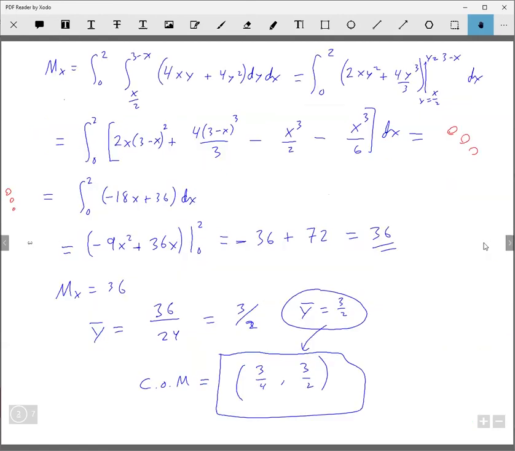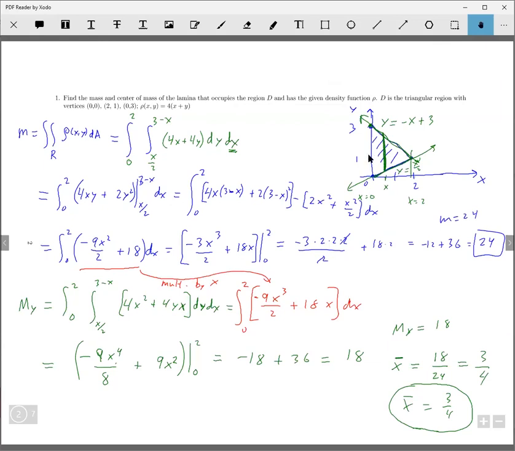And then the y-coordinate is 3/2, which is like 1.5. So here's 1, and 1.5 is about halfway between 0 and 3, right? So 1.5 would be right there. So that looks about right for the center of mass. Let's mark it down. Right there is the center of mass, which sounds about right, because the density means it's more dense over here.